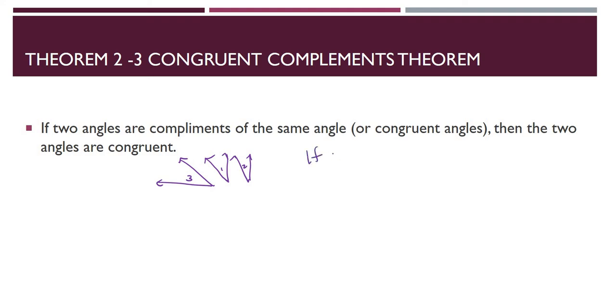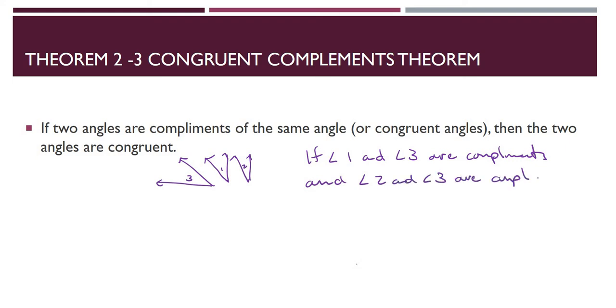So again, if angle 1 and angle 3 are complements, and angle 2 and angle 3 are complements, then angle 1 is congruent with angle 2. We're not going to prove that one. We're going to accept that theorem.